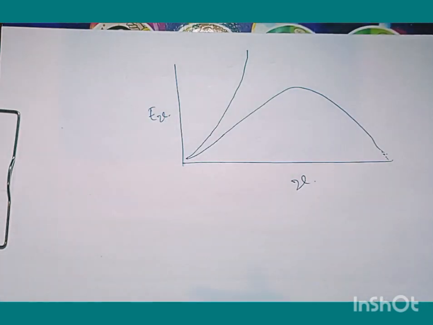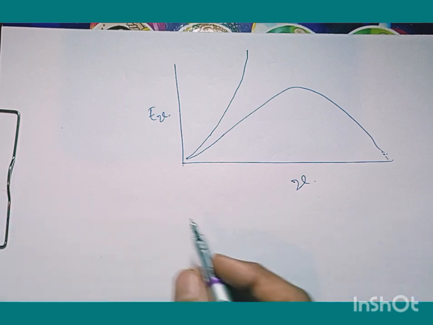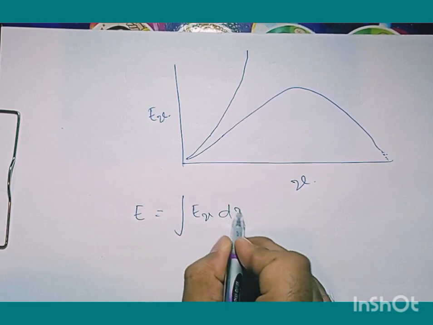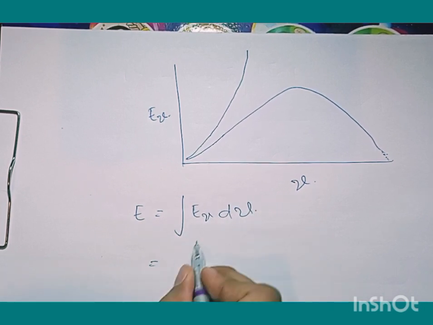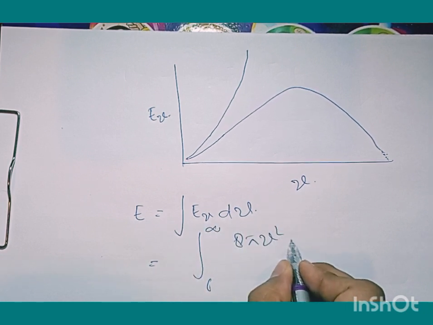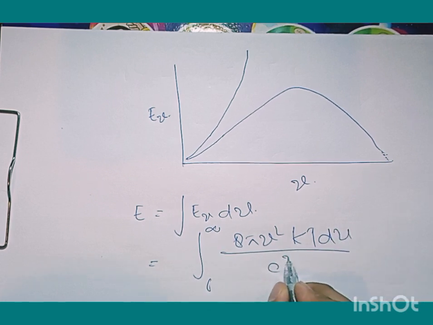At the same time, if we calculate the energy carried by all frequencies, I can write E as the integration of E nu d nu. So this is going to be the integration from 0 to infinity of 8 pi nu square kT d nu by c cube.